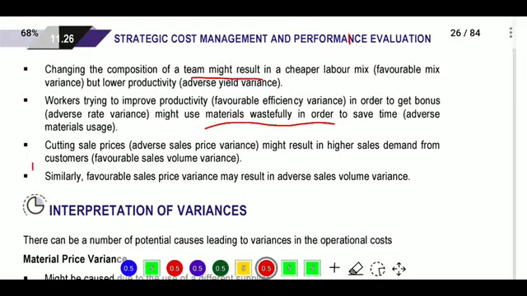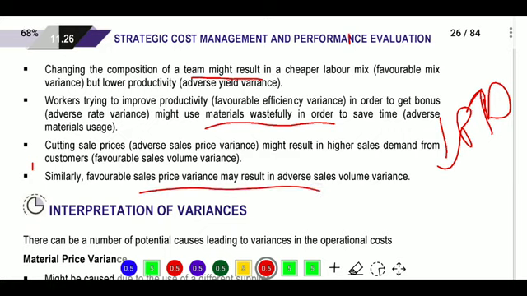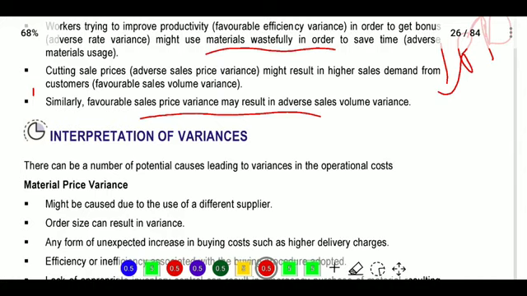Next, cutting sale prices. If you cut the sale prices, you will get more demand. When the price is low, demand from customers will be high, giving a favorable sales value variance. Simply, a favorable sales price variance may result in an adverse sales value variance.